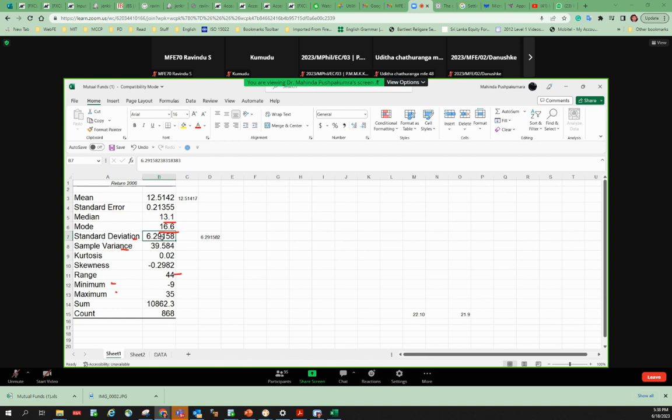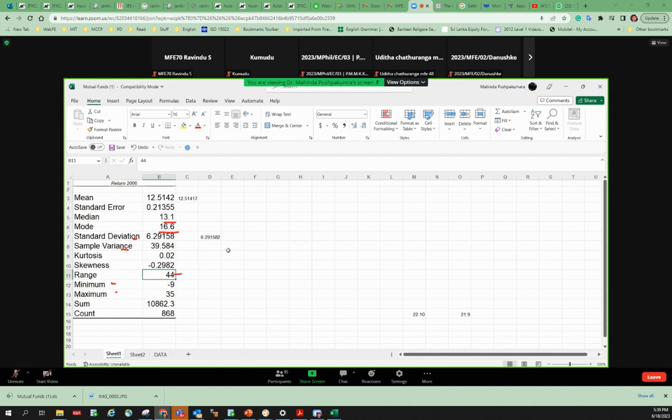Then you can say most of the observations are around the mean. And also range is 44, which shows that the deviation from mean is within this range. Minimum -9, maximum 35.